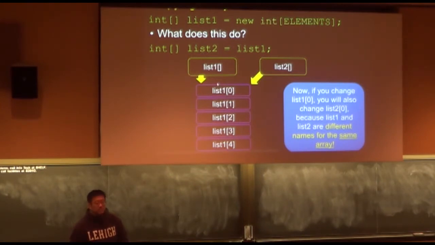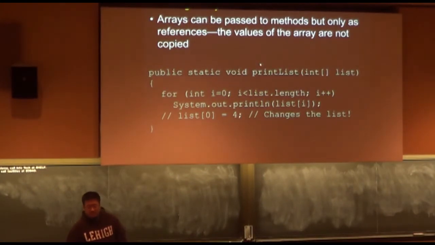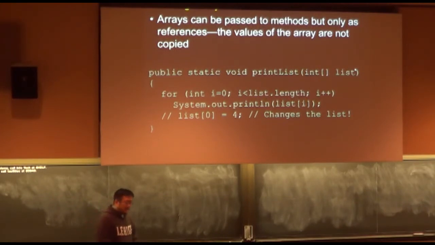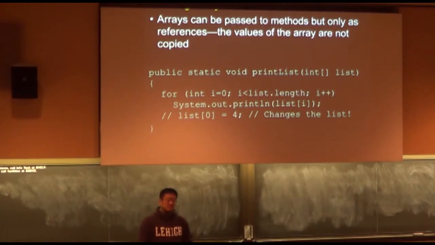I'm not using the space in memory itself. So when I have a method that takes an array as input, it's actually taking the pointer to the space in memory as input. And that's very important because when I make changes to that array, those changes will persist.